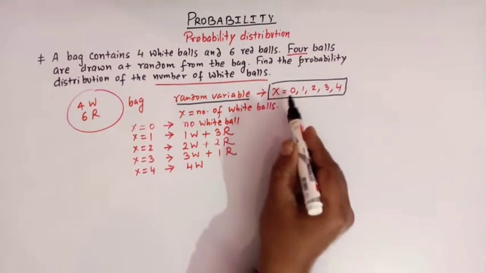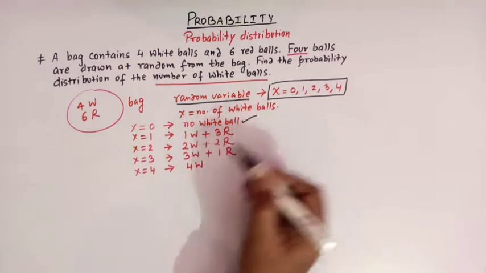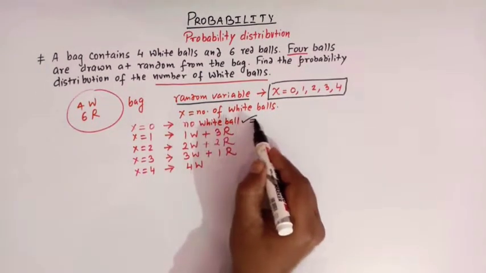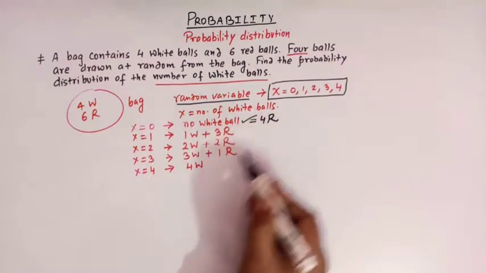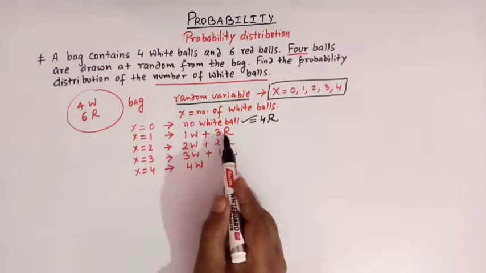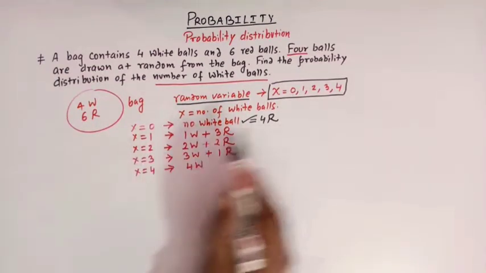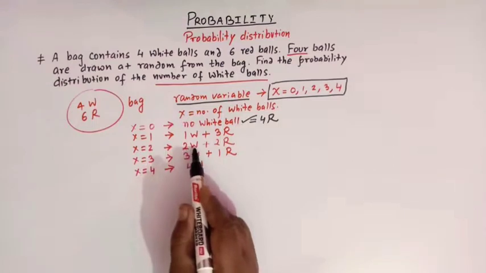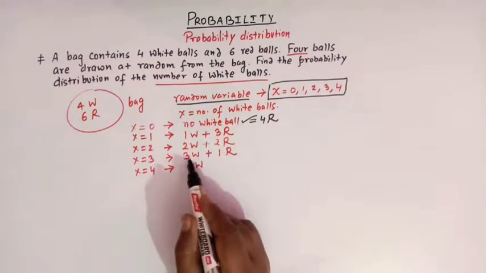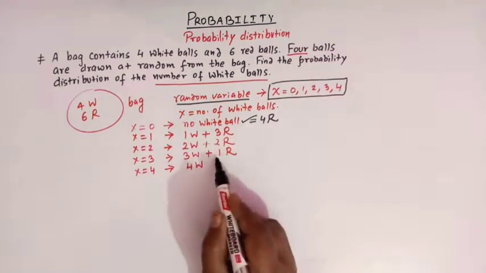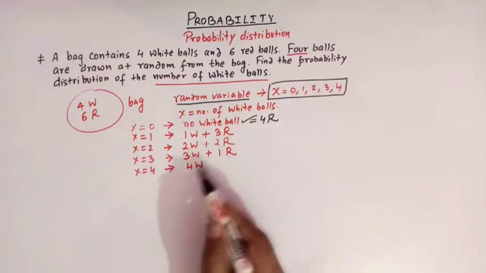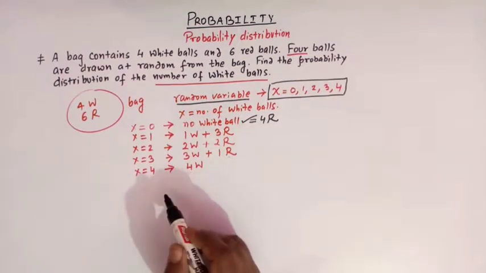So x is equal to 0 implies no white balls, and here all the 4 balls are red in color. When x is 1 we have 1 white and 3 red balls, and when x is 2 then we have 2 white balls and 2 red balls. When x is 3 we have 3 white balls and 1 red ball, and when x is 4 we have all the 4 balls as white.